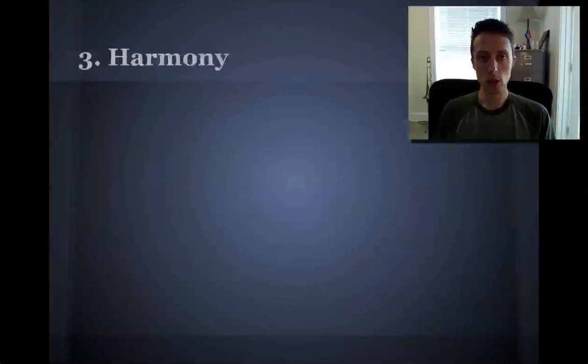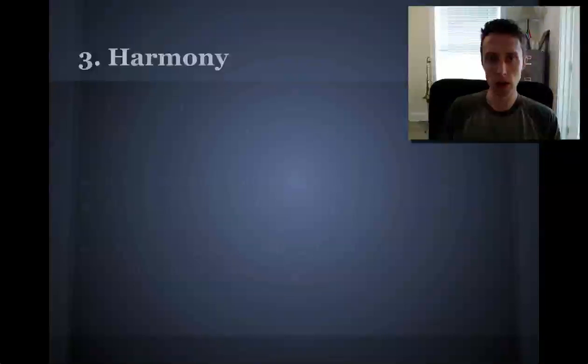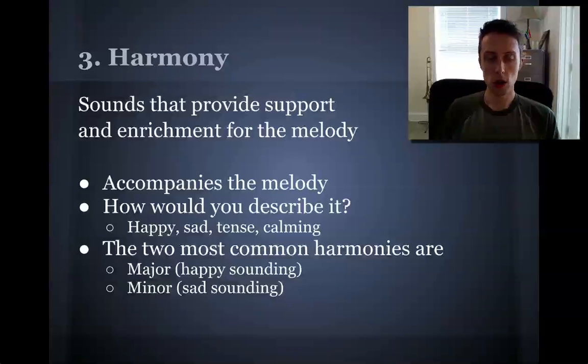Number three is one that works very closely with melody. It's harmony. Harmony is sounds that provide support and enrichment for the melody. It accompanies the melody. You can use lots of different words to describe it. There are lots of different kinds of harmonies. For now, the two that I want you to be aware of are major, which is generally happy sounding harmonies, and minor, which are generally sad sounding harmonies.